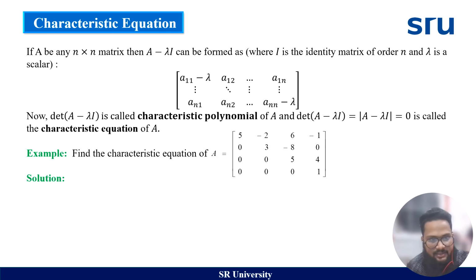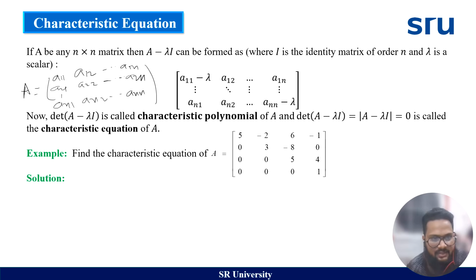So if we take this A, the matrix is this one: A11, A12, A1n. Then next A21, A22, A2n. Then more rows are there, and the last row is An1, An2, Ann.